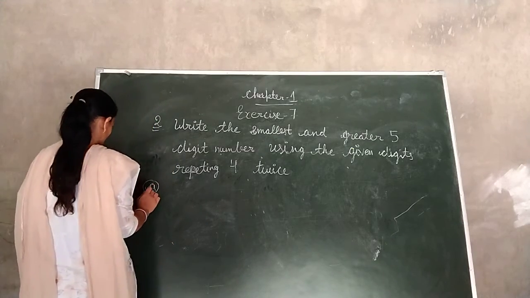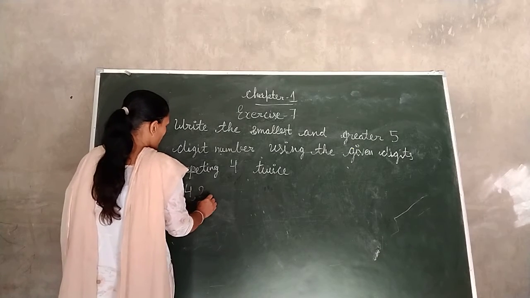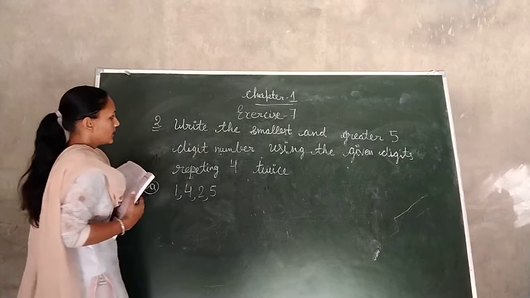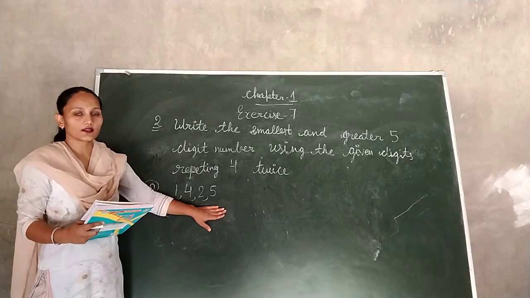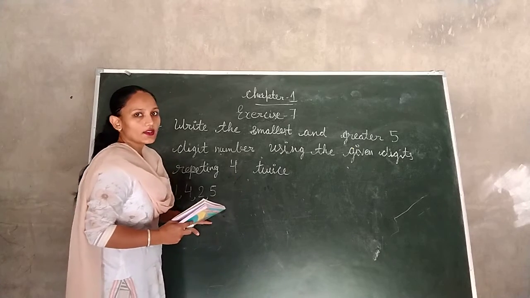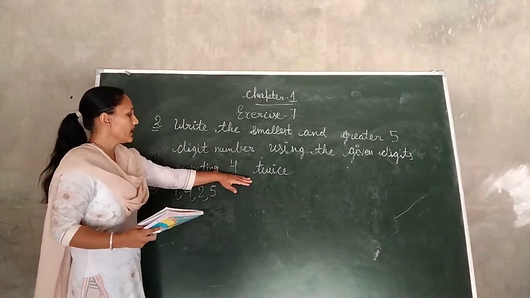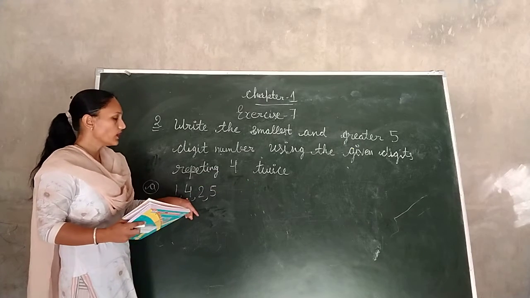A part: 1, 4, 2, 5. Here we have given only 4 digits, but we have to make the number that is of 5 digits. So what they have given in this statement is that we have to use 4 two times.